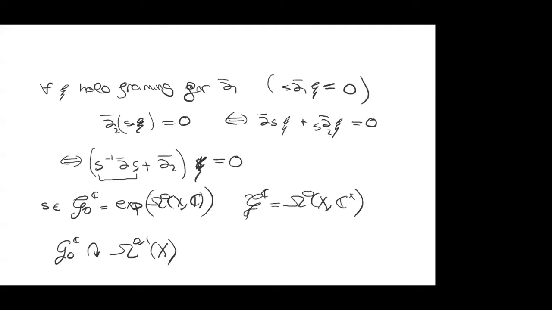Namely, the space of delta bar operators is an affine space modeled on the (0,1) forms.